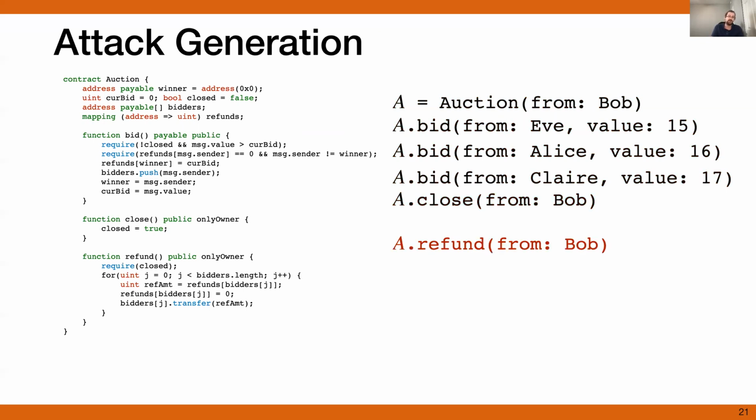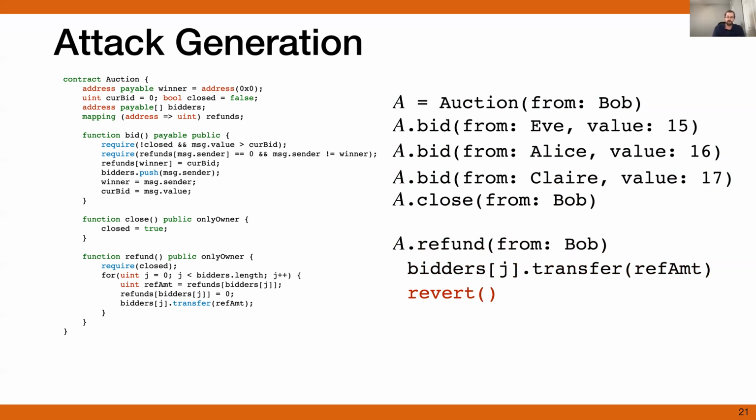Because Bob is a nice guy, he's going to try to refund everyone who had bid within the auction. So Bob is going to iterate through all of the bidders and try to send them the money that they are owed. However, when he tries to transfer money to Eve, Eve reverts.